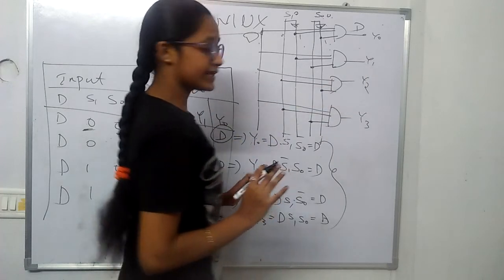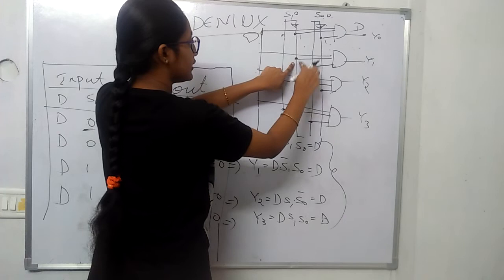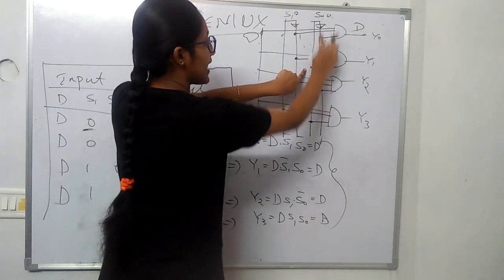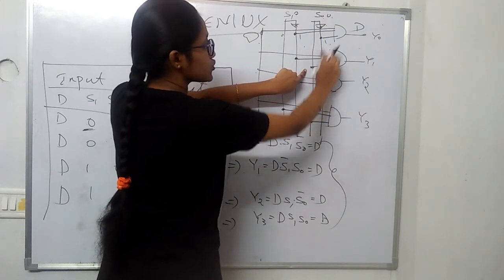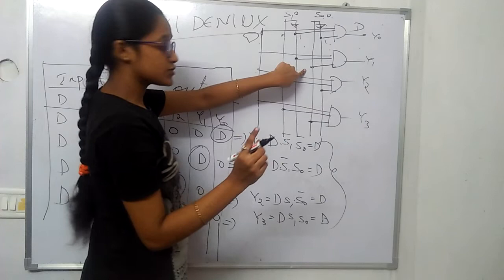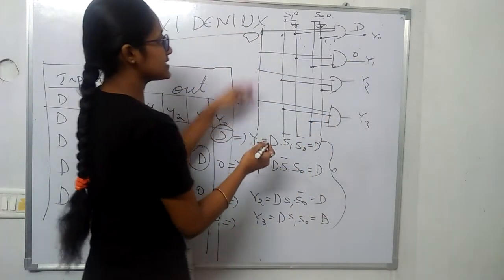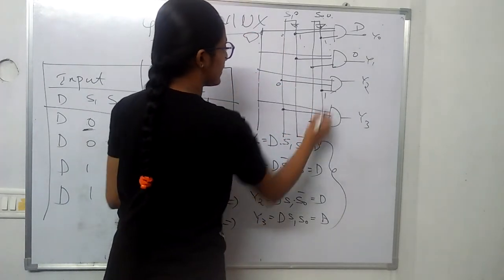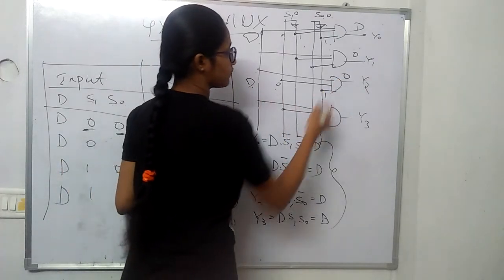We should not get any data. Let's see, are we getting it or not? Here we have 1, so 1 into D is data. But here we have connected S0 to the AND gate, so at S0 we have 0. So 0 into something will give 0. Same here, D into 0 into 1 is 0.